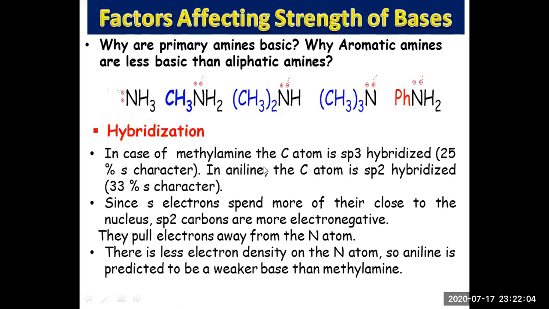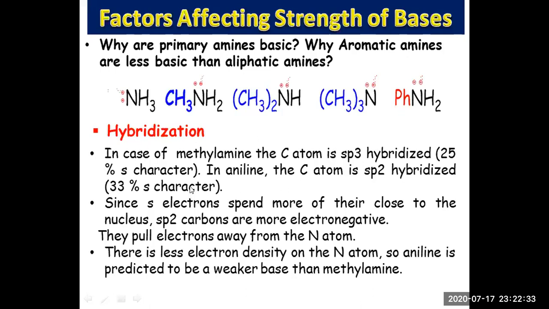The basic difference in hybridization of carbon changes its percentage of s character. sp3 hybridized carbon has 25% s character, whereas sp2 hybridized carbon has 33.33% s character. So in case of methylamine, that is CH3NH2, NH2 is attached to sp3 carbon, whereas in case of aniline, it is attached to sp2 type of carbon atom.